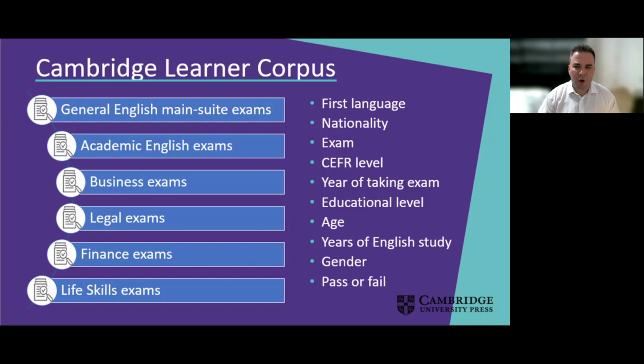And because we know lots of information about the students, what language they speak, where they are from, this helps us to find out about how particular groups of students learn English. This means that we can adjust our materials to spend more time on more difficult areas.